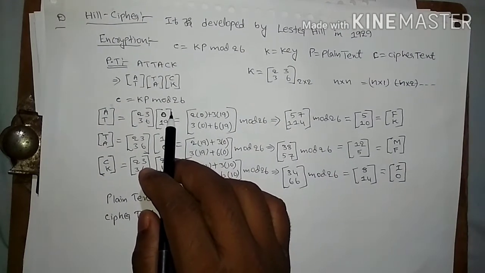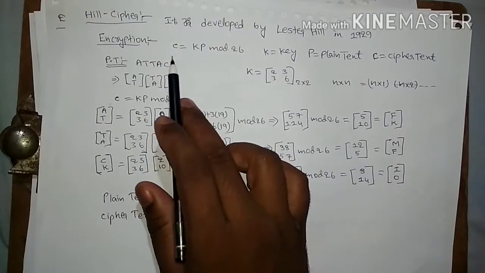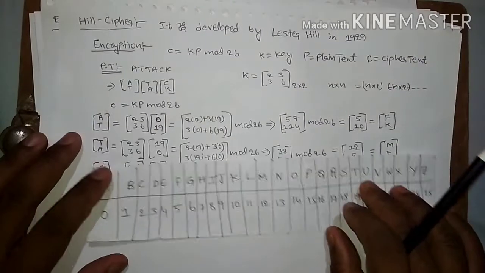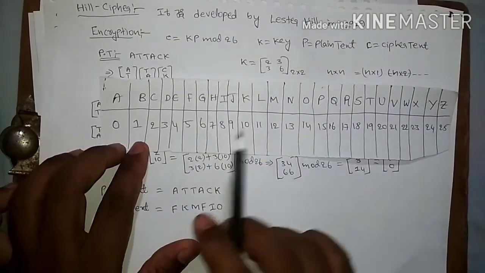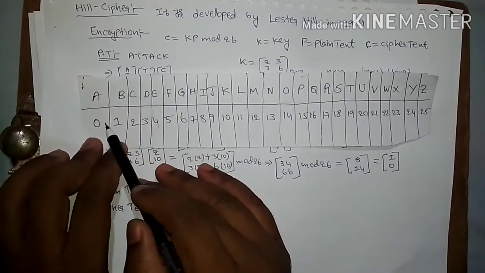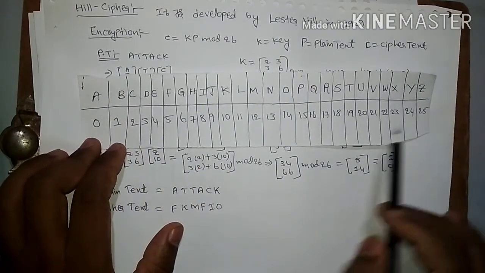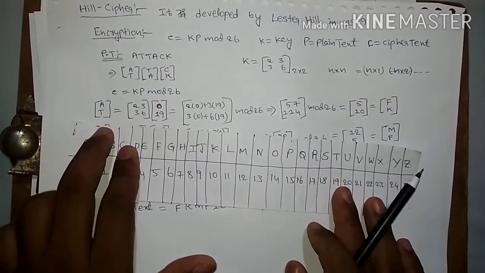This is the key matrix, and this is the plain text. We have to use this table: A value 0, B value 1, and so on up to Z value 25. According to this table, the first one is AT.